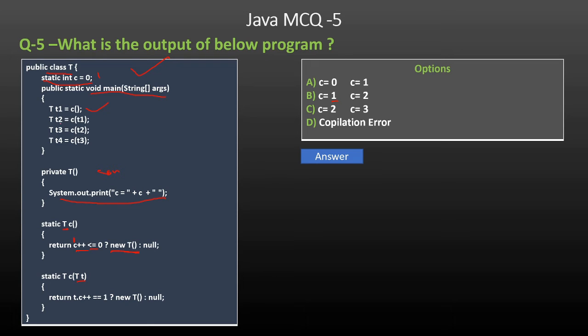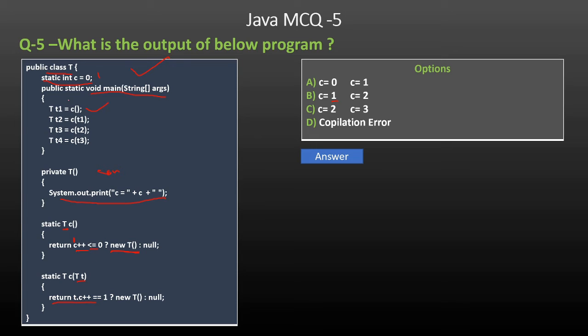For the second one, as you can see, we are passing whatever object was there as a parameter, and then we will store it into T2. So again C, but with the parameter, so this method will get called this time, and the return is T dot C plus plus. As you see, C is a static member variable, so this object will not impact it.